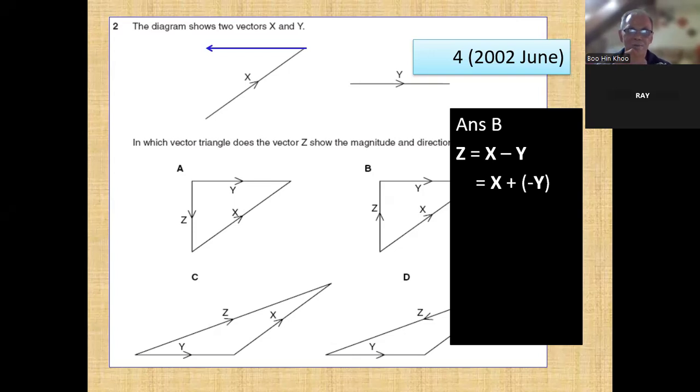You want the resultant. But if it's equilibrium, it means D, right? Equilibrium means the arrows are all in one direction. Yeah, but you have to follow what is given in the diagram. You cannot simply choose. You are given x and then given y, so minus y is the opposite direction. Okay, so that's your minus y.